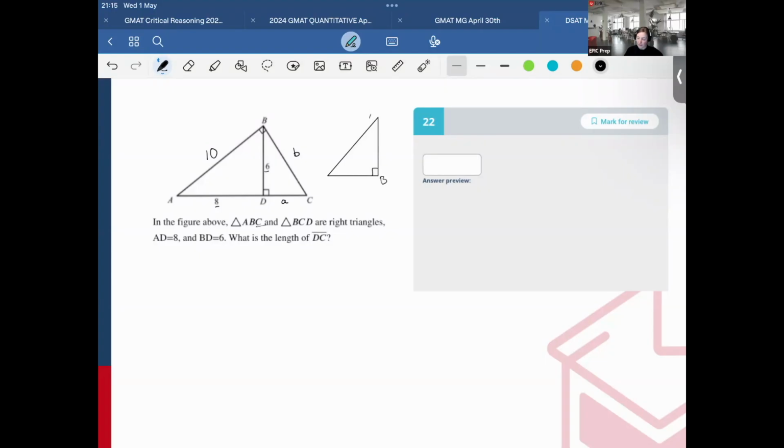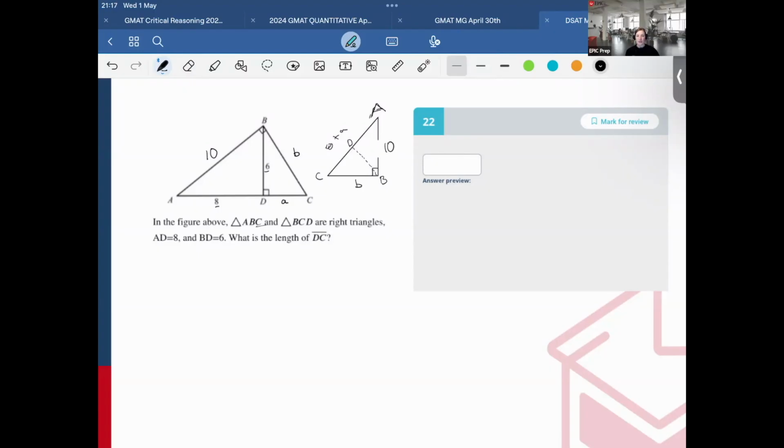In this case, the B is here, C is here, A is here, and the BD is here. Then I have the hypotenuse here, which is 8 plus A, and then I have the AB value. AB is 10, and our CB value is B.